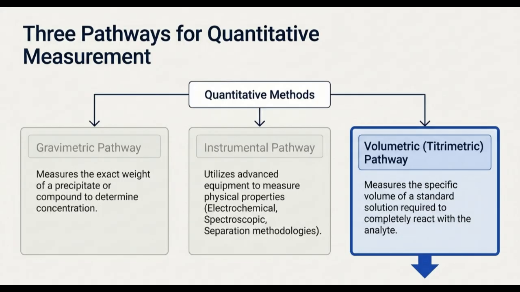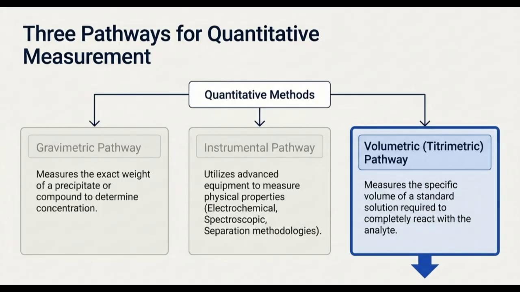Third, we have the volumetric pathway, also known as the titrometric pathway. This method measures the specific volume of a standard solution required to completely react with the analyte. You will sometimes see volumetric analysis grouped separately, and sometimes it is considered part of the instrumental pathway depending on the detection method used.